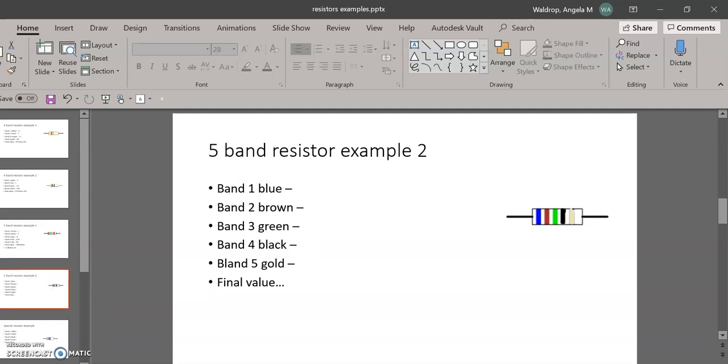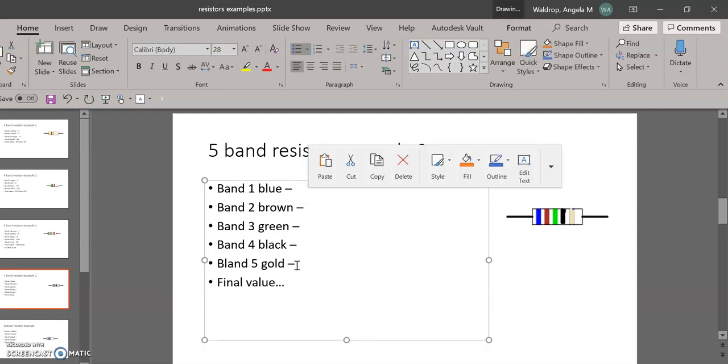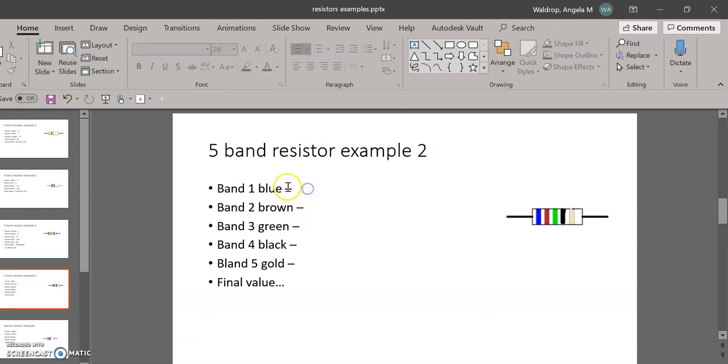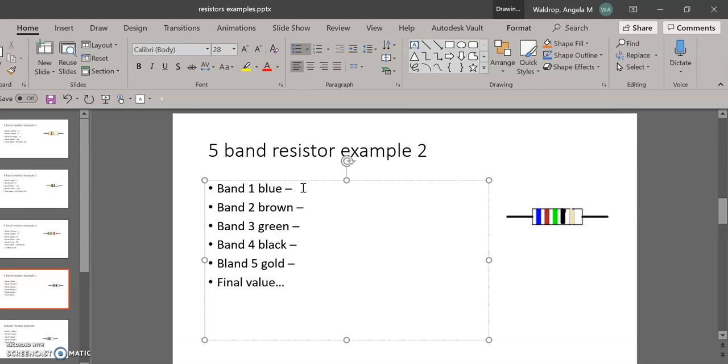The next 5-band resistor example is here: blue, brown, green, black, gold. Let's look at the numbers. The first color, blue, is a 6. My brown is the next one, which is a 1. The green is a 5.